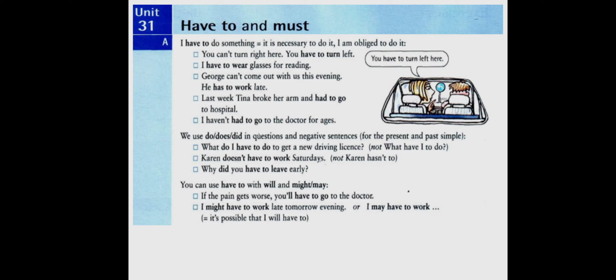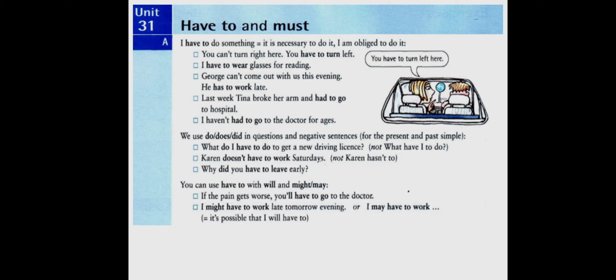Again, in possibility, we use have to along with may or might, so it becomes I might have to work late tomorrow evening, or I may have to work late tomorrow evening. It is possible that I will have to work late tomorrow evening. And here with may and might, we use have to plus the base form work.